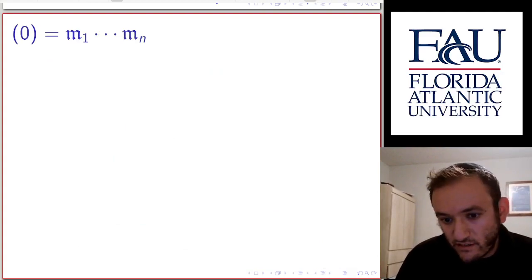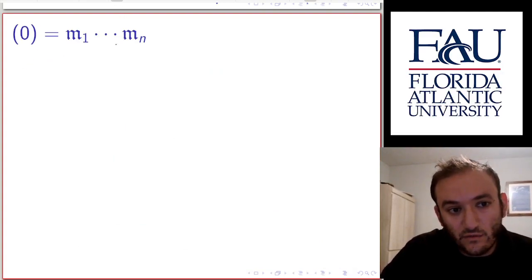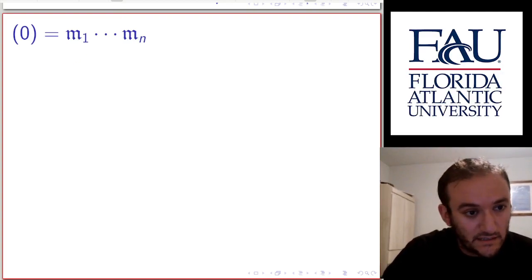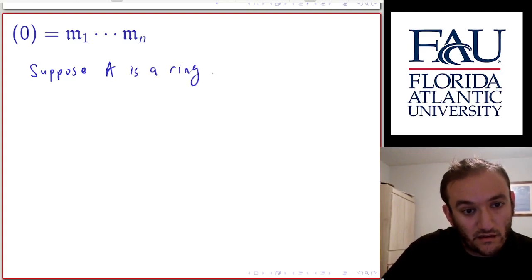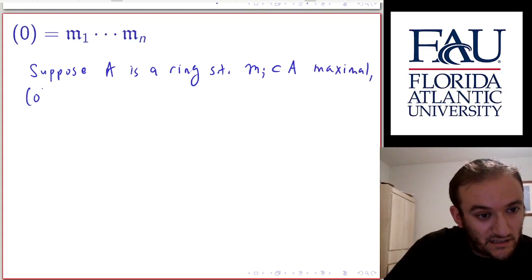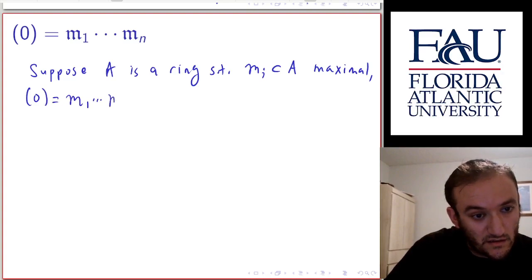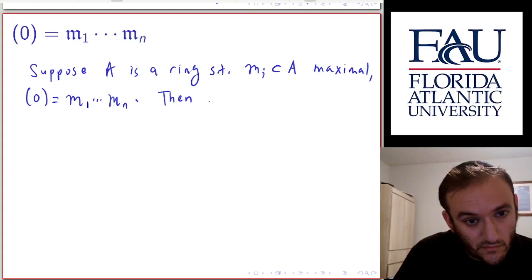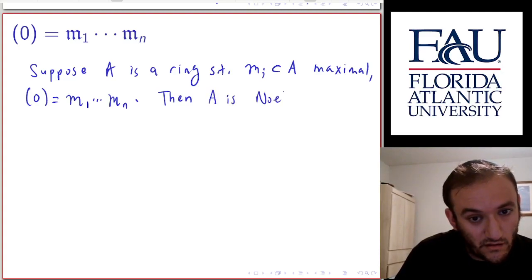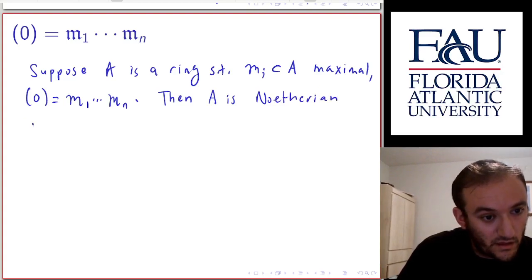Okay, and the final result in the section is that if we have the zero ideal equal to the product of some finite collection of maximal ideals, suppose A is a ring such that Mi in A is maximal, and the zero ideal is equal to a product of those maximal ideals, then A is Noetherian if and only if it's Artinian.